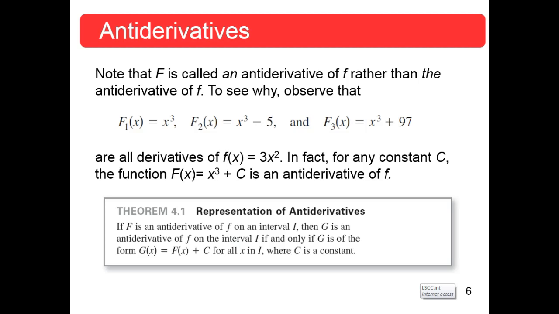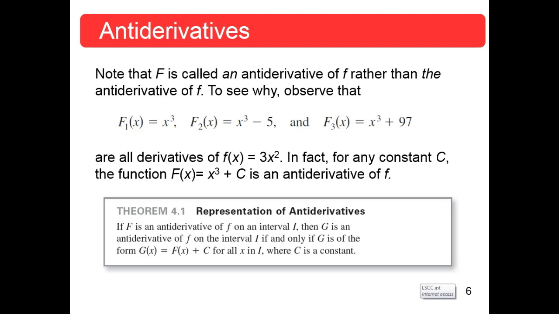What's its derivative? 3x squared. What if it was x cubed plus 97? What's its derivative? 3x squared. So you see it's not the only antiderivative, it's just one of many antiderivatives, because all of these have derivative 3x squared.